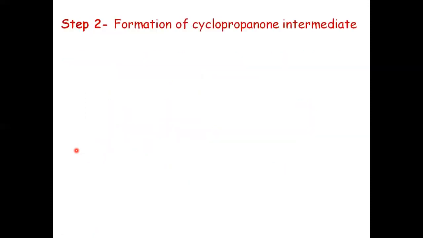After the formation of carbanion 1, in step 2, carbanion 1 by intramolecular SN2 displacement of halogen forms a 3-membered cyclopropanone intermediate.